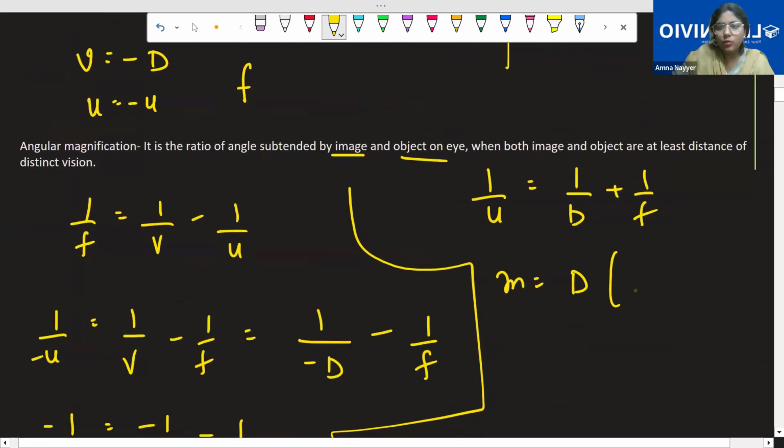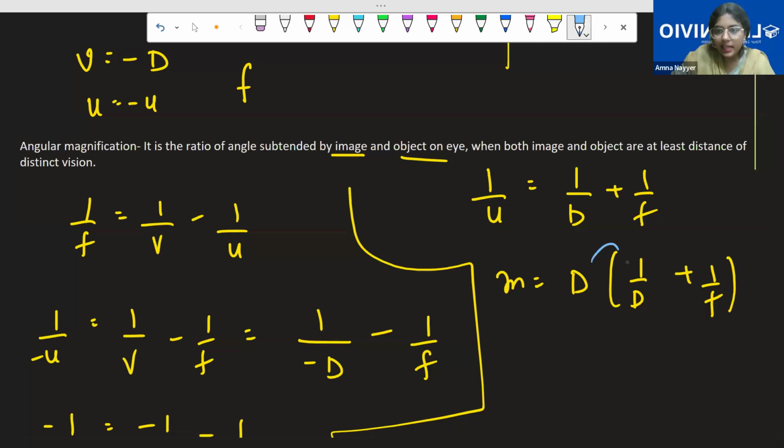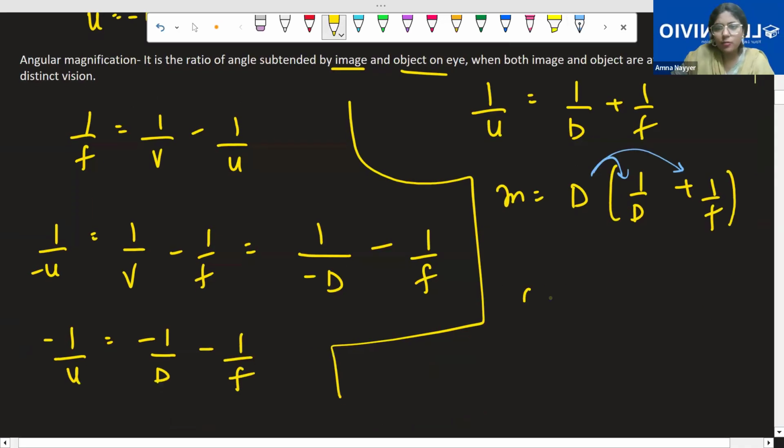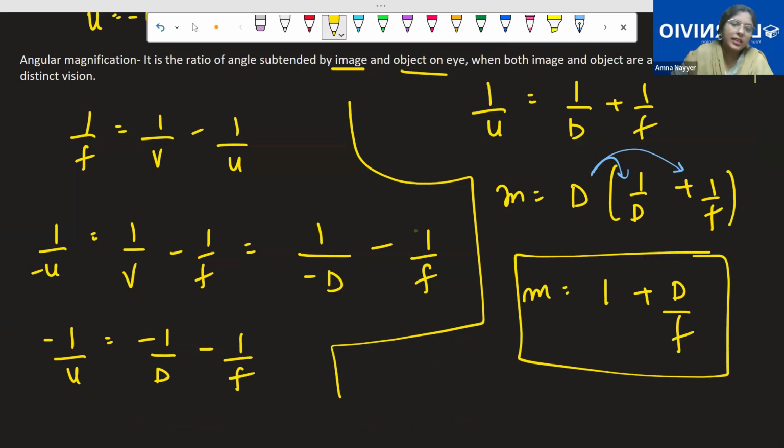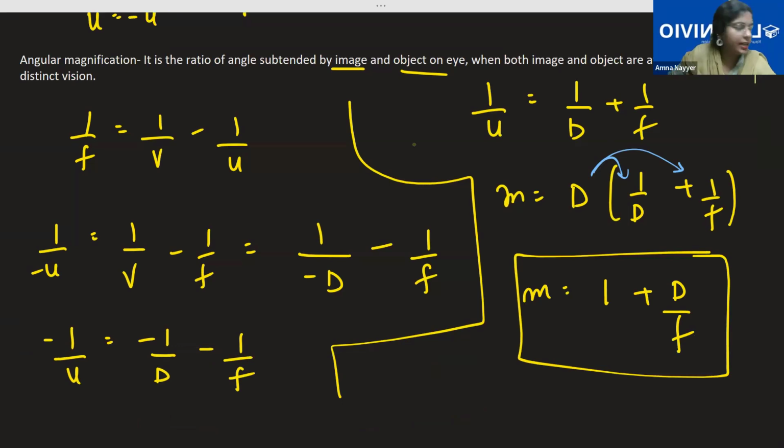So d multiplied to 1 by d plus 1 by f. Multiply d inside, open up the bracket, don't take the LCM. So magnification will be d by d, which is 1, plus d by f. This is the formula of magnification, no sign convention. Got the derivation? Understood it? Yes. Okay. Write this also.